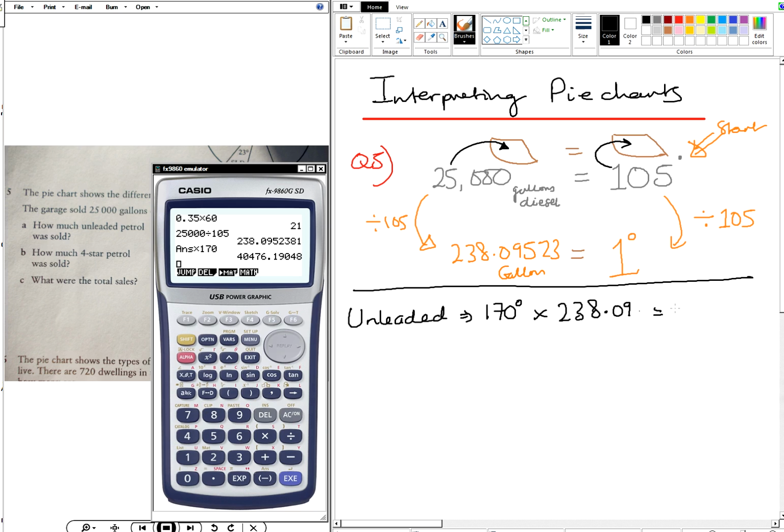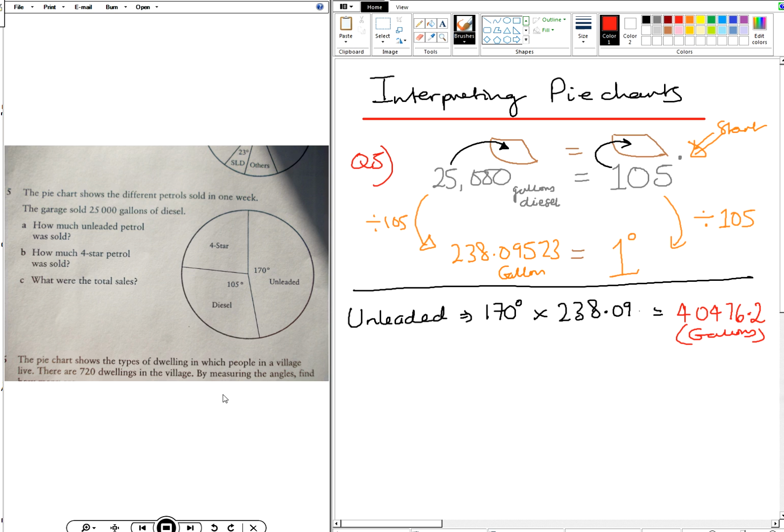What do you get for your value? I'm getting 40476.19, which I'm going to round to 1 decimal place, 40476.2 gallons. Done.